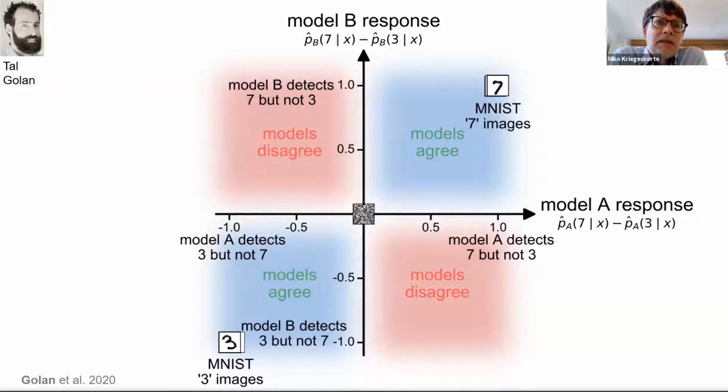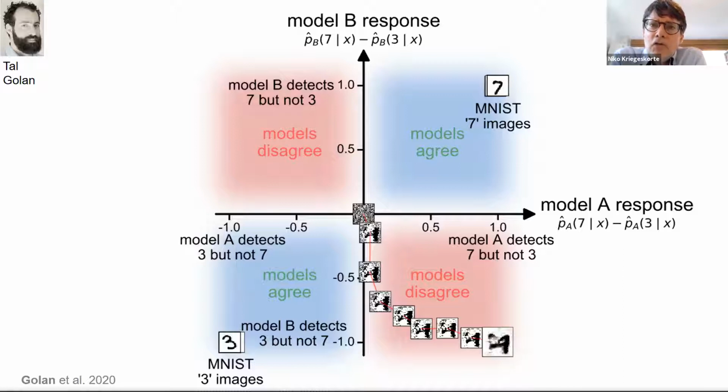So if we really want to say something about the computational mechanism, we have to probe the models with different stimuli, and we can use optimization to drive an initial seed of a random image into this model disagreement quadrant here. So here you have a controversial stimulus, which to model A is a 7 but not a 3, and to model B, it's a 3 but not a 7. I see a 7 there, so I would say in this case, I agree with model A, but of course we need to ask subjects in psychophysical experiments.